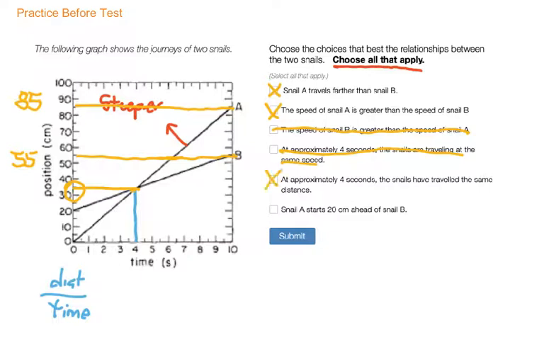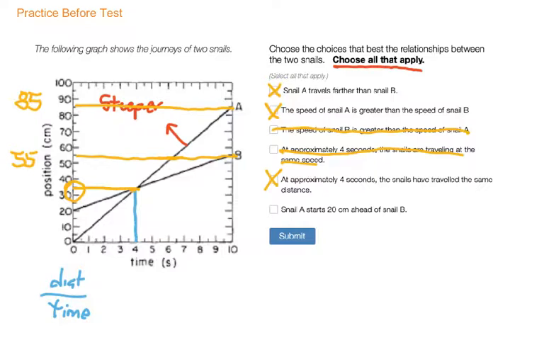So this is definitely true. The next question asks, snail A starts 20 centimeters ahead of snail B. Remember when I went over at the beginning, we talked about what the graph was showing us?